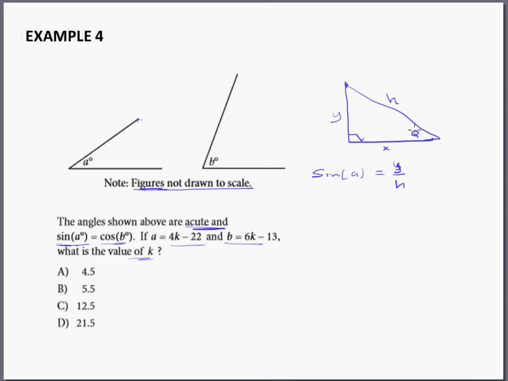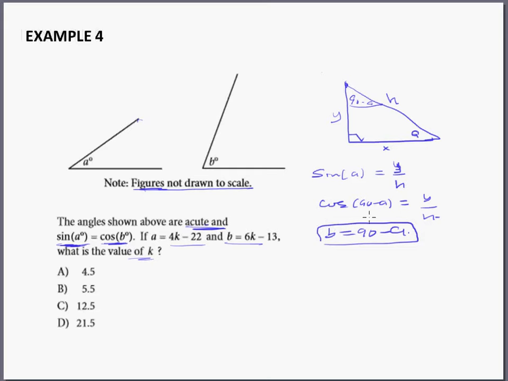Now, if this is A, then notice that this will be equal to 90 minus A, right? And cosine of 90 minus A will be equal to Y also over H. Now, as you can tell, they said sine A is equal to cosine B. That means we can say that B is equal to 90 minus A. Agree?